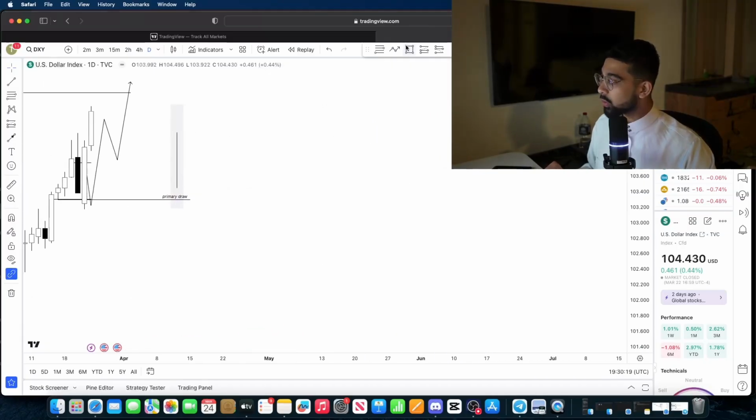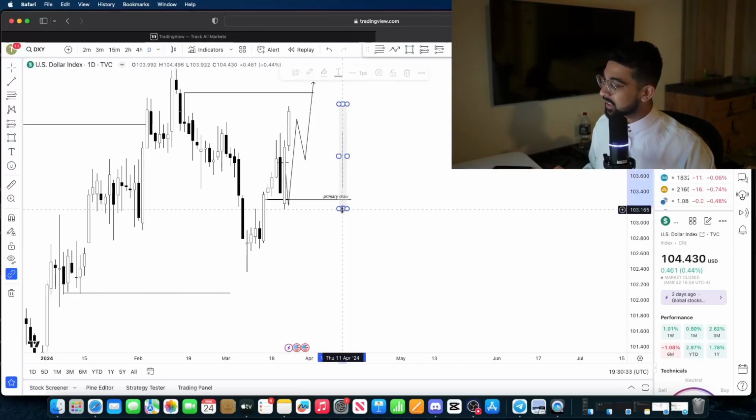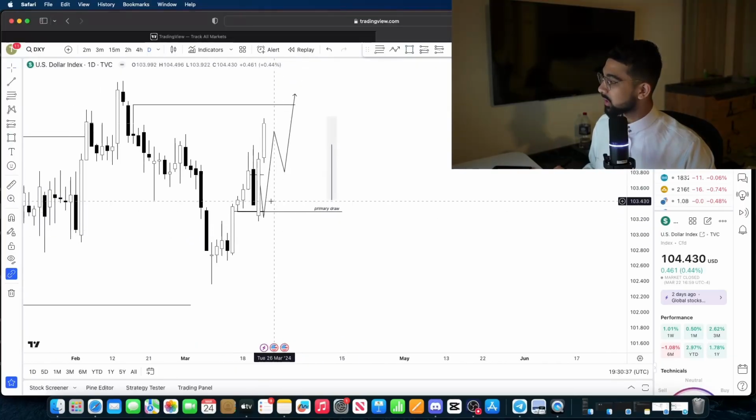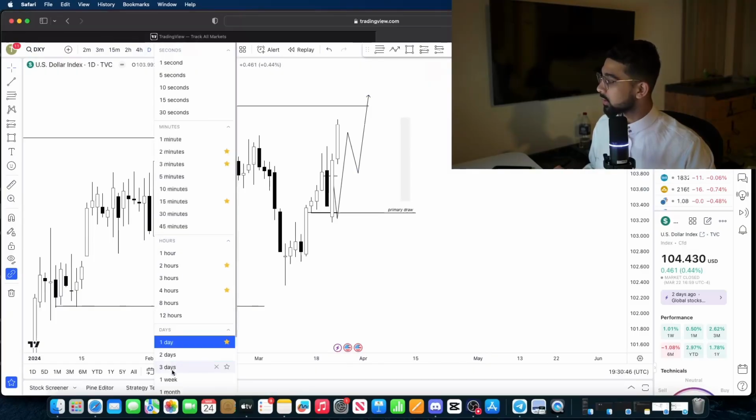So all we're really trying to say, if you just take it in from this perspective, is that the wick of the candle that becomes is then going to be primary draw. Because then, as you guys can see, back to the weekly opening price, which was Monday, and then you do this, as you guys can see, we go to the weekly.